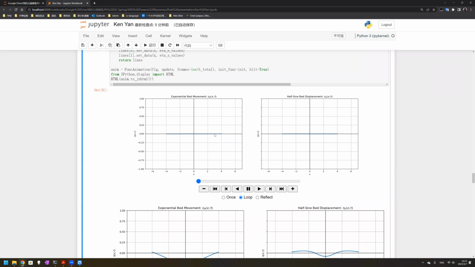Here, initially the free water surface is flat, and then the exponential bed deformation at the bottom gives it a rapid motion of the free water surface, and this corresponds to the half sine, the creeping bed deformation. They have a slower deformation, and they actually have smaller wavelengths, which will also be studied later.